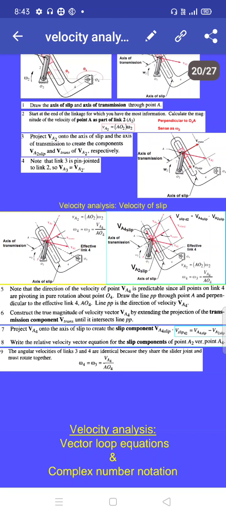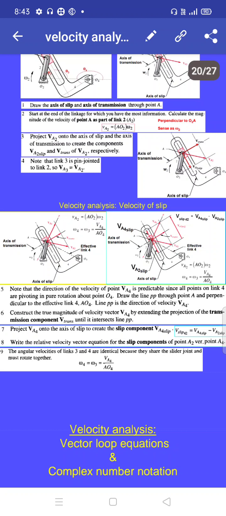Then note that the direction of the velocity of point A4 is predictable, since all the points on link 4 are in pure rotation about O4. Draw the line PP through point A and perpendicular to the effective link O4A. Line PP is the direction of velocity VA4.